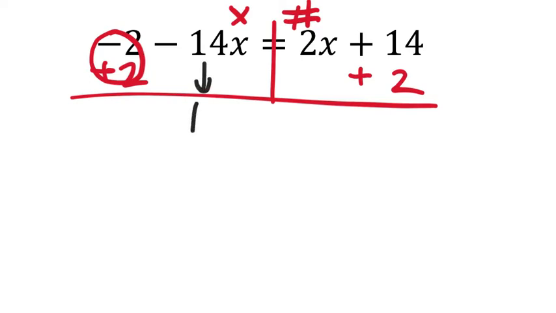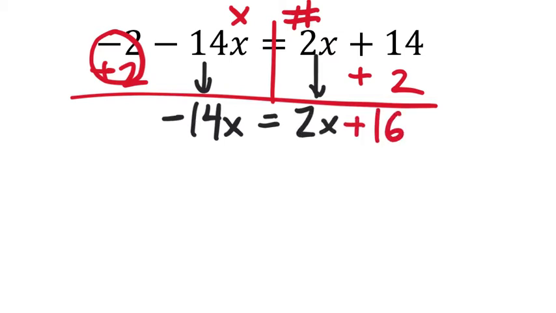And when you drop this 14x, make sure you include the negative from the minus sign on its left. This will equal, drop your 2x, and then 14 plus 2, it's +16. So again, the positive I'm showing is +16. And that now is our new equation. It's the same as the old equation, it just looks different, that's all.